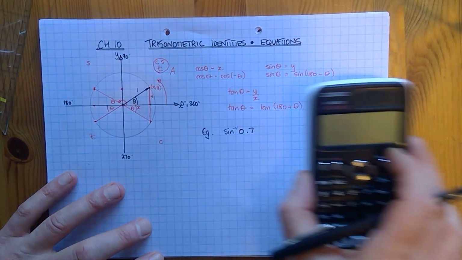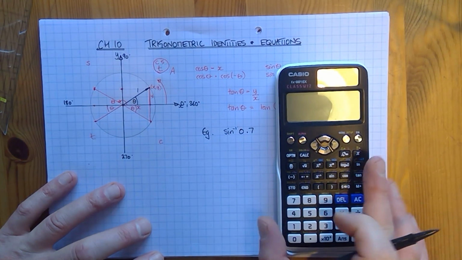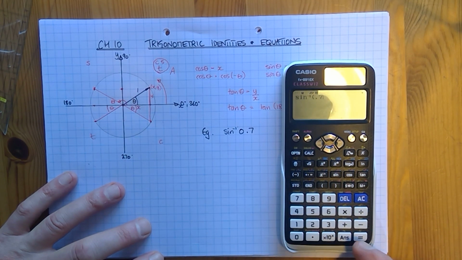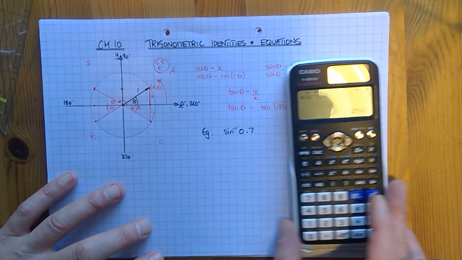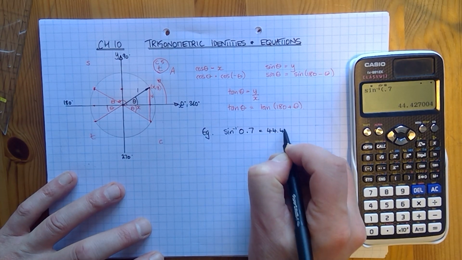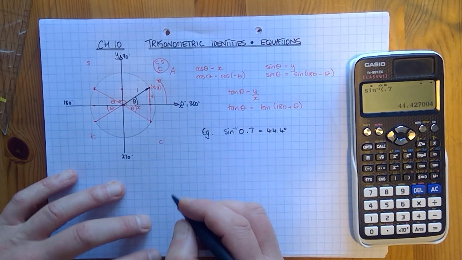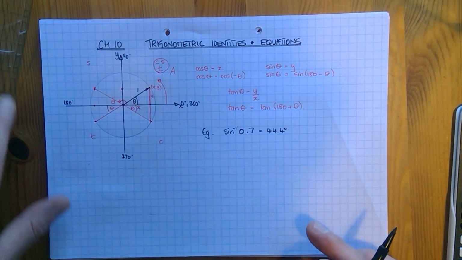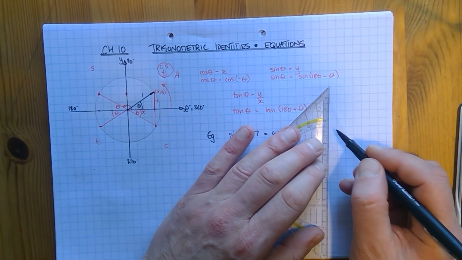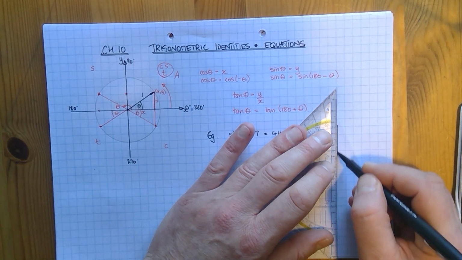Well, we're going to work out our primary value using our calculator first. So shift sine 0.7 gives me an angle of 44.4 degrees. So what I'm going to do is a very quick little sketch of my CAST diagram.